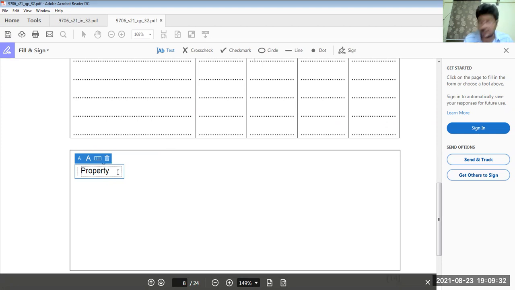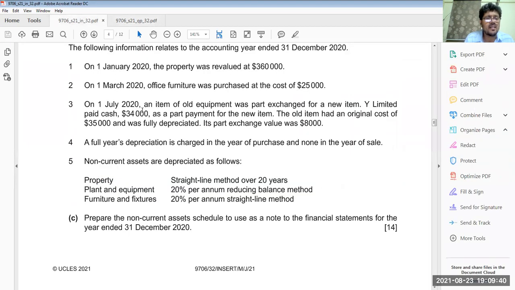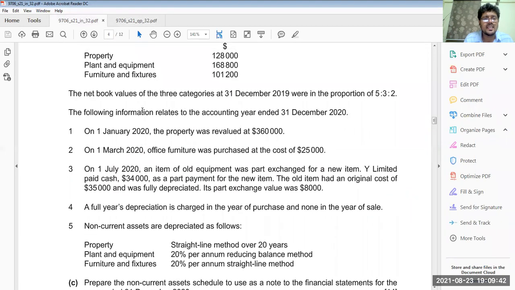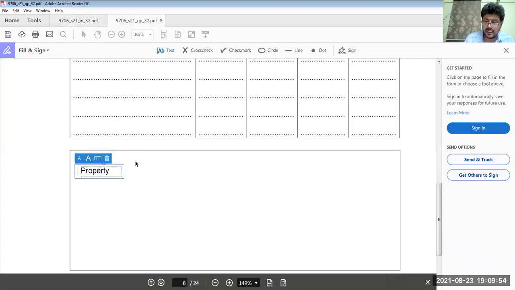The value of property given was... accumulated depreciation of property at the start of the year was how much? 1,28,000.